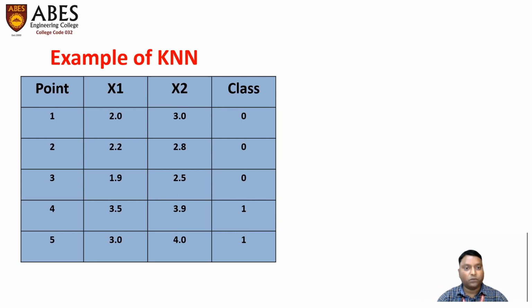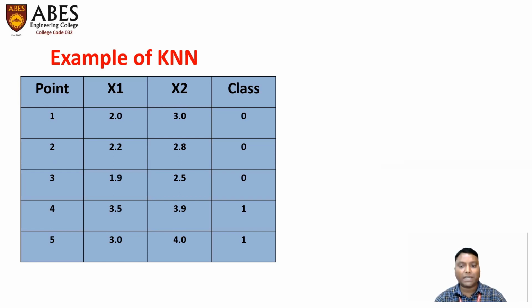Point 2 has the coordinates 2.2 and 2.8, and it belongs to class 0. Similarly, point 3, point 4, and point 5 can also be seen. Suppose a new data point arrives in this data set. At the sixth row, we have the coordinates of the new data point, and you have to predict the class of the data point according to the given data set. This is the whole working scenario of the KNN algorithm.